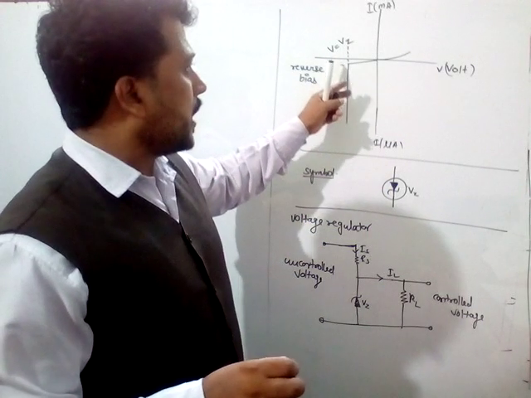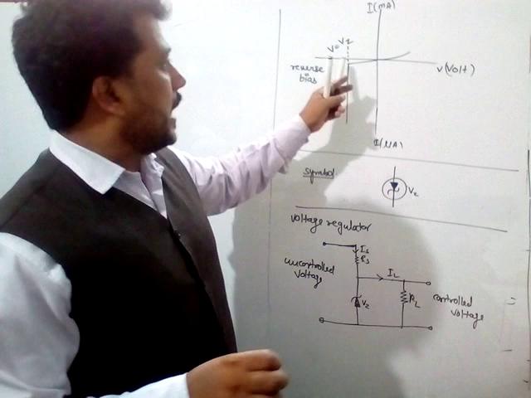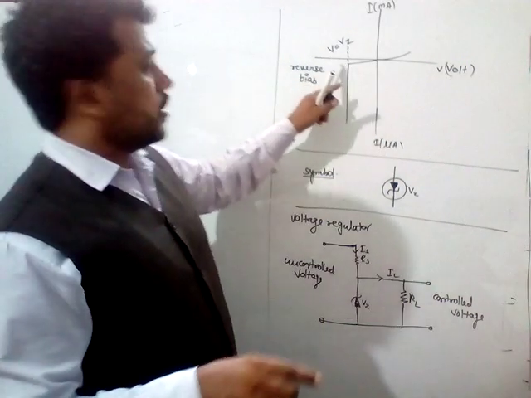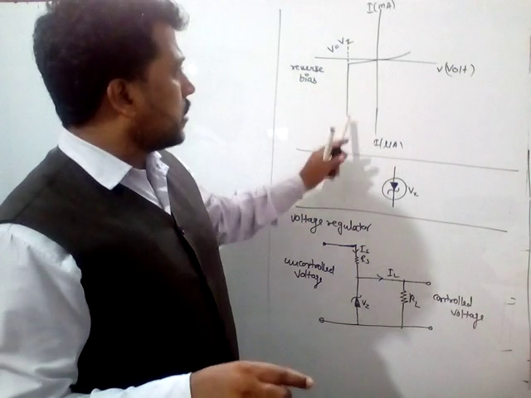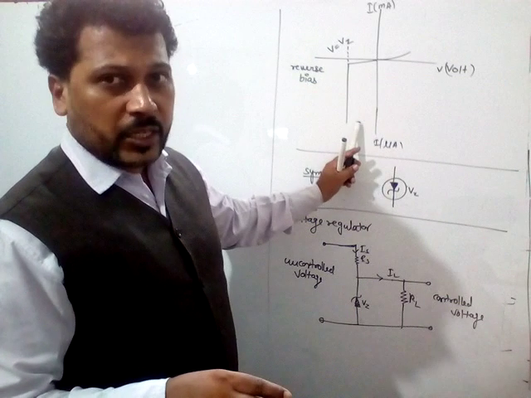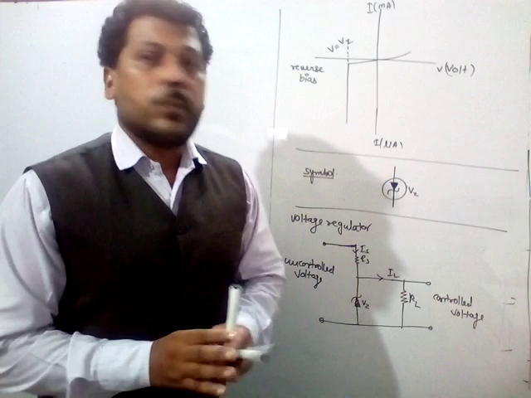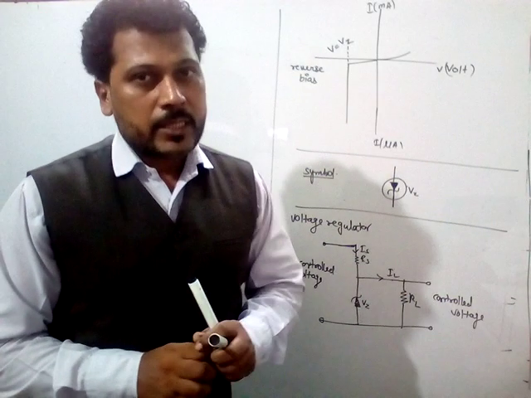So here the voltage whatever we produce is the avalanche voltage or breakdown voltage or Zener voltage, as shown in this IV characteristic curve, and it works as a voltage regulator or voltage controller.